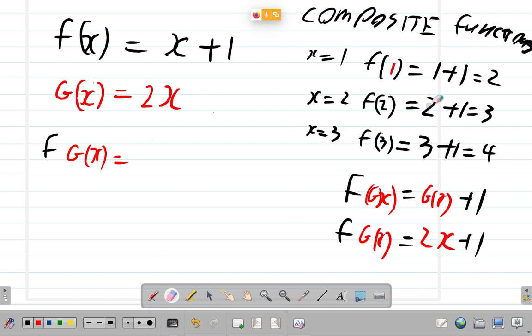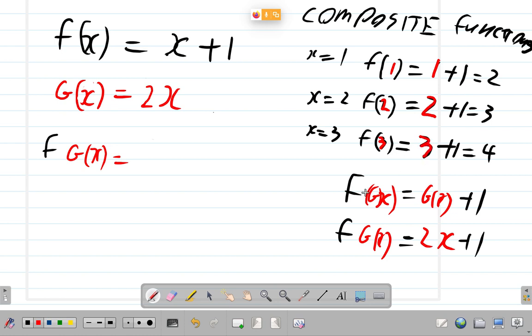So what you have is 1 plus 1. You see that? When you find f of 2, you substitute 2 for x. Remove the x and put 2 there. So f of 2 is 2 plus 1. When you find f of 3, f of x becomes f of 3. You remove x and put 3 there.